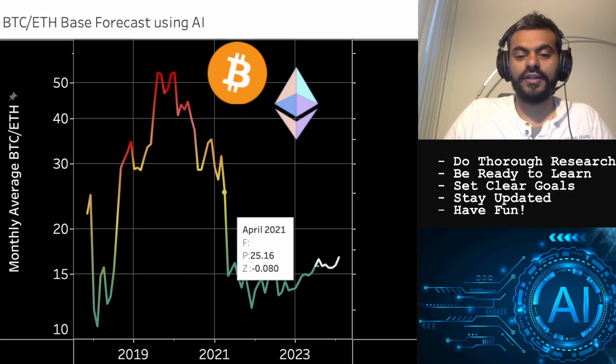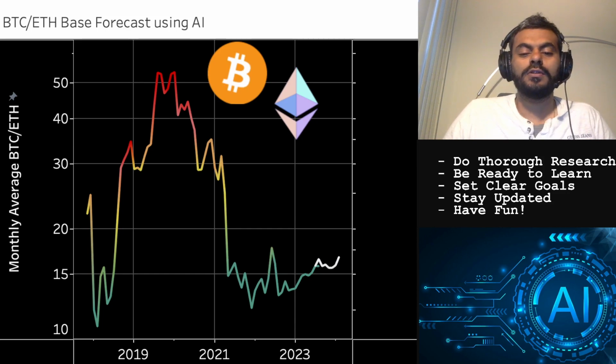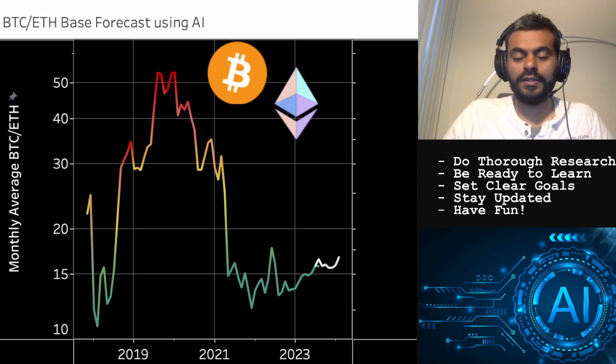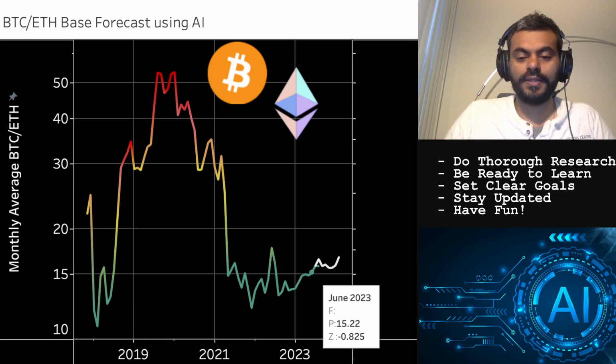So if at any point we see this valuation being at 25 ether per BTC, that's when you can say the valuation has moved close to the average and kind of reset. So with all of this in mind, let's go ahead with the AI based forecast that we have created using this data, and the AI models LSTM and ARIMA to forecast the future price action.